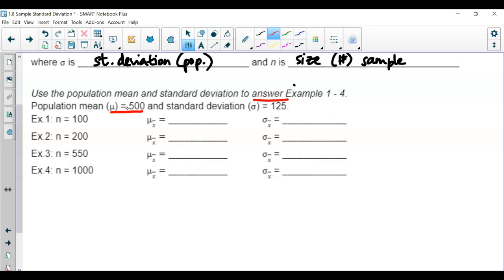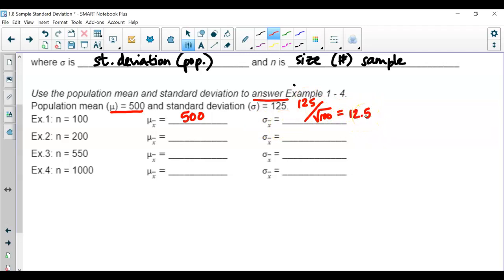So even if we take a sample size of 100, the mean of the sample is still 500. Now, to calculate the sample standard deviation, we need to take the standard deviation from the population, which was 125, and divide that by the square root of the sample size, which is 100.